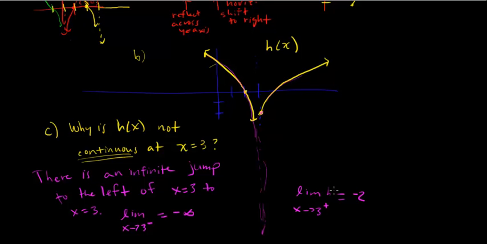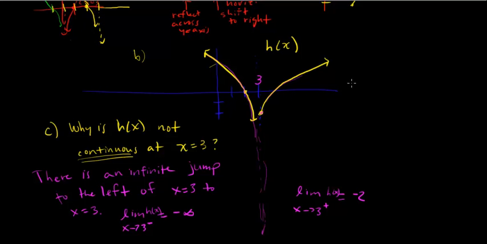And this is of h of x, the limit of our function h of x. So all of these are showing why it is not continuous at x equal to 3.